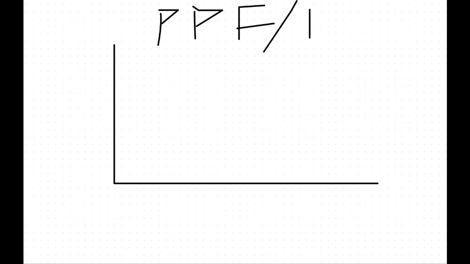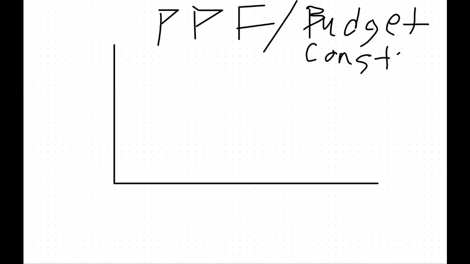Essentially, the idea is that you have a set of points that are possible. Like let's say you have two goods.